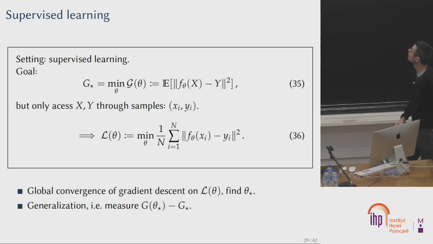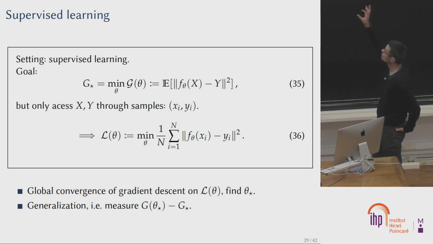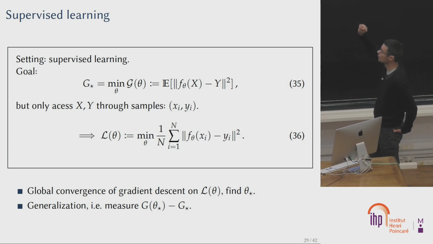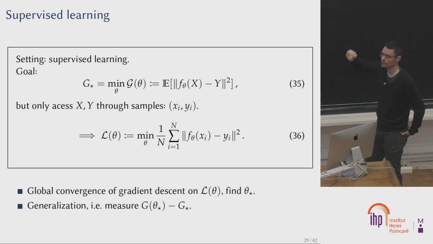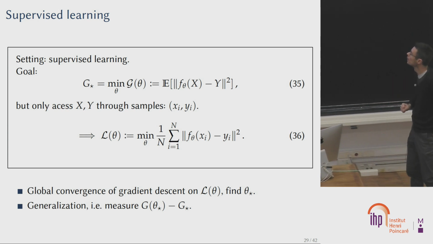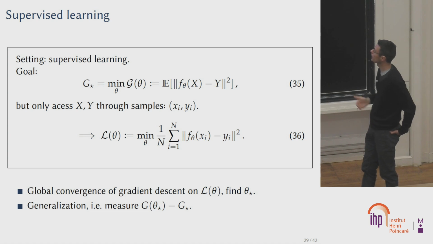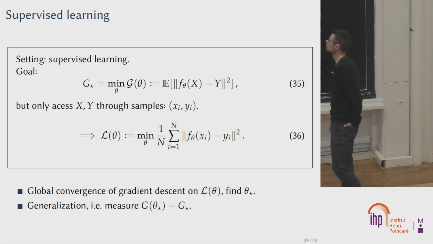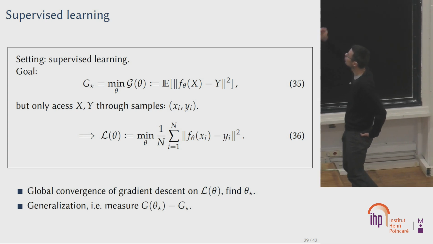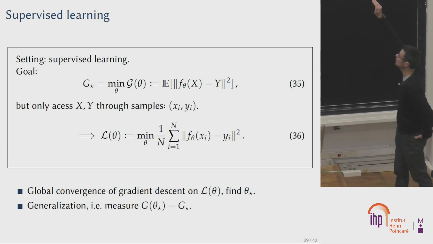So here, what we want to do is essentially to look at the standard setting of supervised learning. You have a function f which depends on parameter theta, which you're going to apply to samples xi. And you hope to minimize the true loss functional, which is defined by G here.